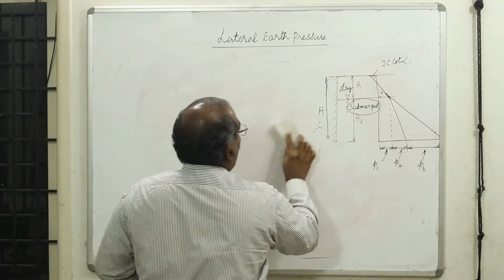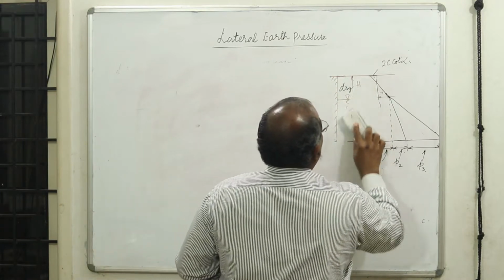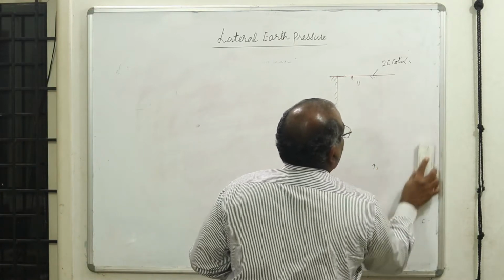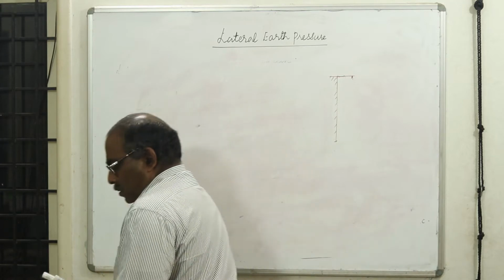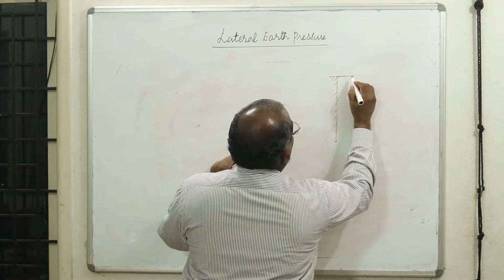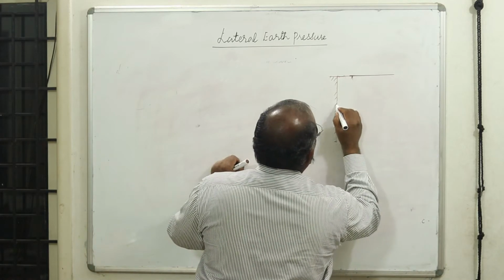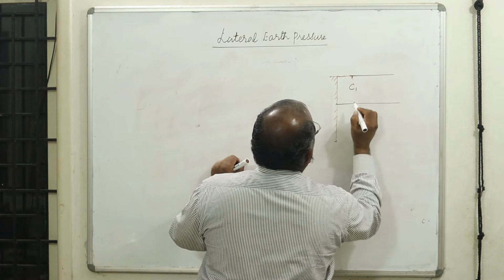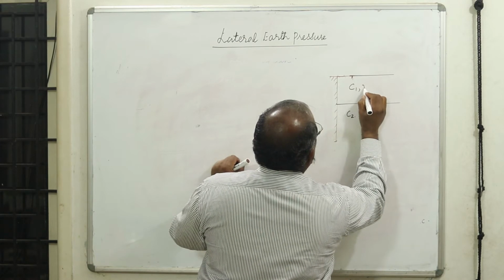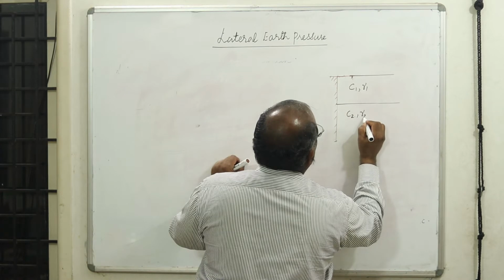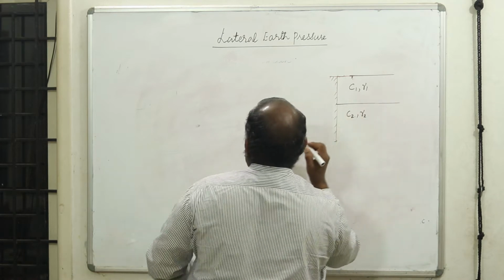In case you have two layers, you have C1 and C2, and gamma 1 and gamma 2. How does this look?